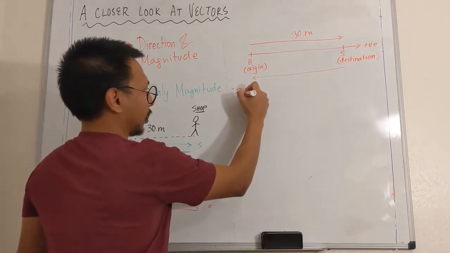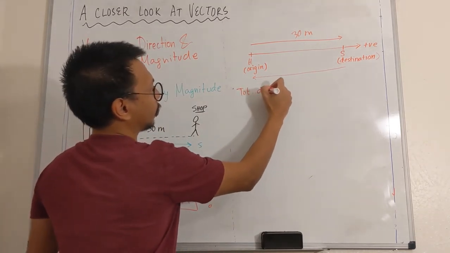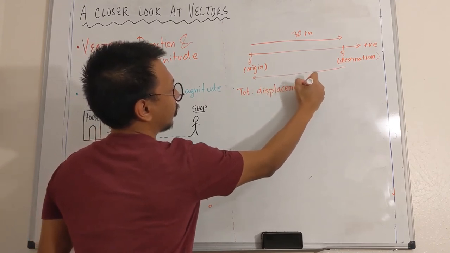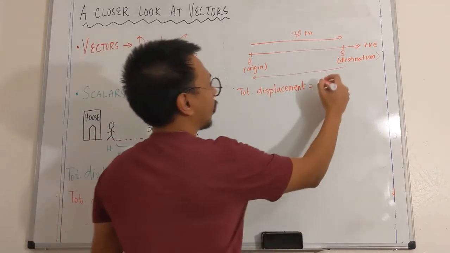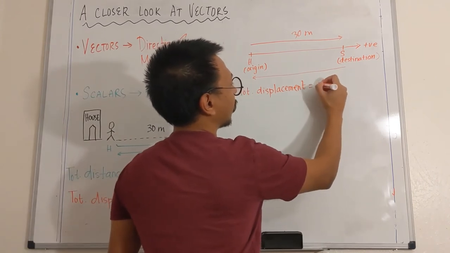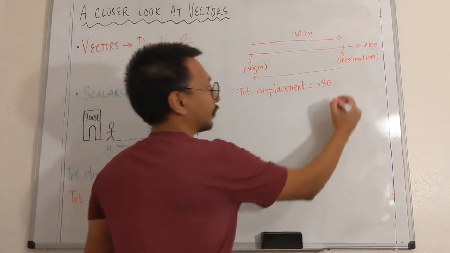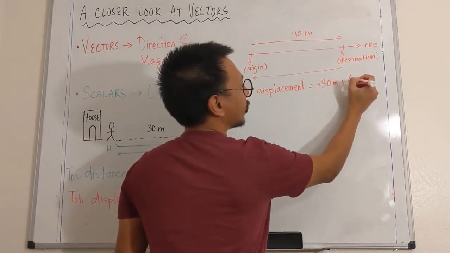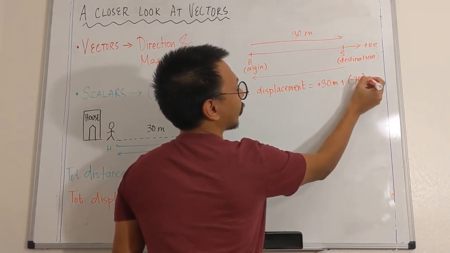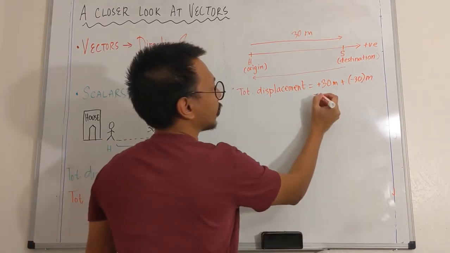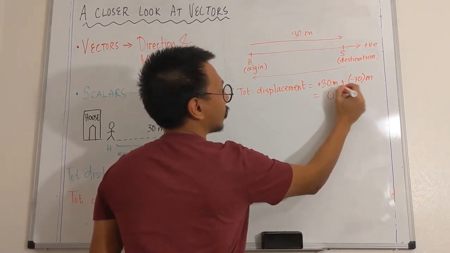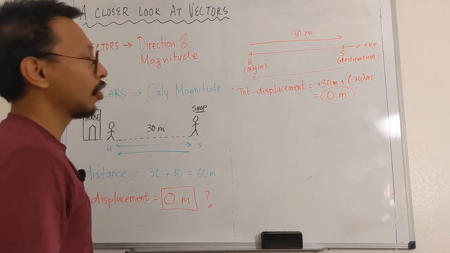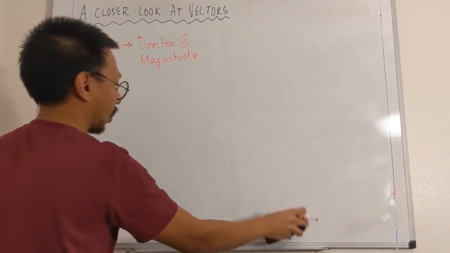So the total displacement understandably is 30 meters in the positive direction plus 30 meters in the negative direction, which is equal to 0 meters. Okay, hopefully that makes a lot more sense.